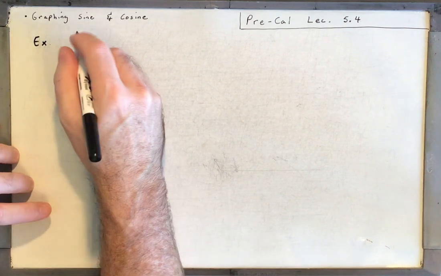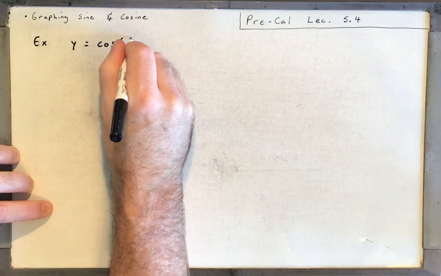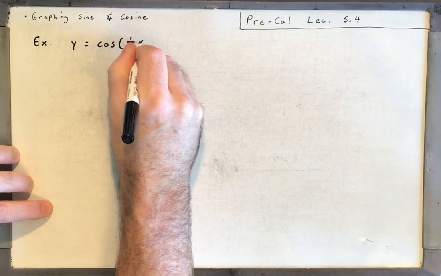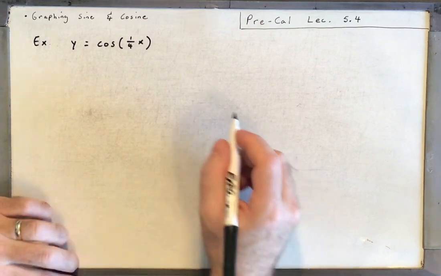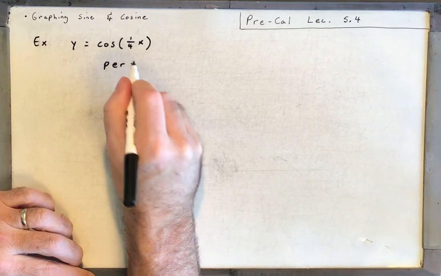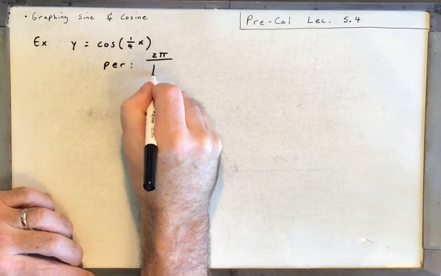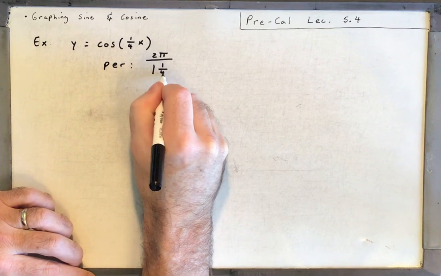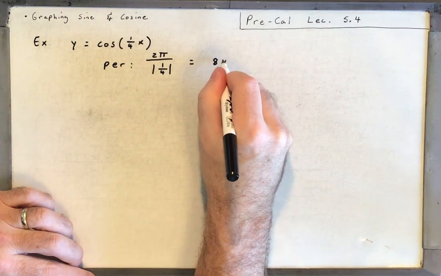Okay, the next one is y is equal to cosine (1/4) x. So we want to figure out the period. The period is 2 pi over the absolute value of b, so over the absolute value of 1/4. That's going to be 8 pi.